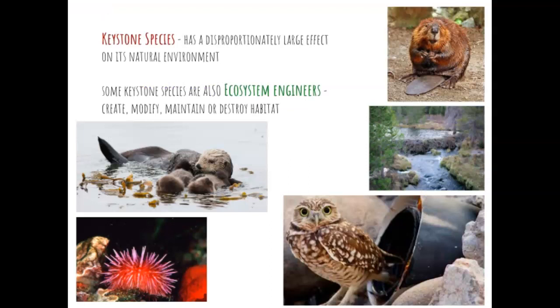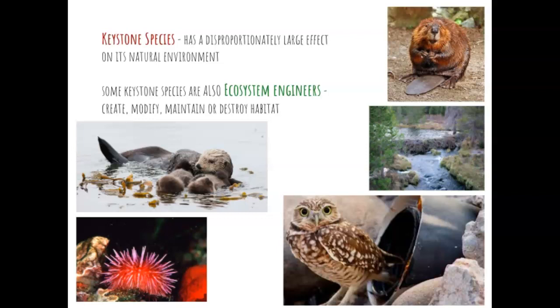So sometimes there are species that have a disproportionately large effect on the natural environment, and we would call these keystone species. So let's talk through an example that involves sea otters, because sea otters are adorable. We'd love to talk about them. So sea otters live in aquatic environments, and they eat sea urchins.